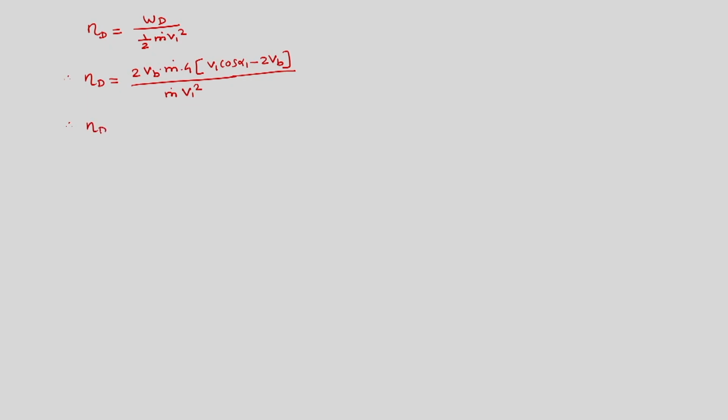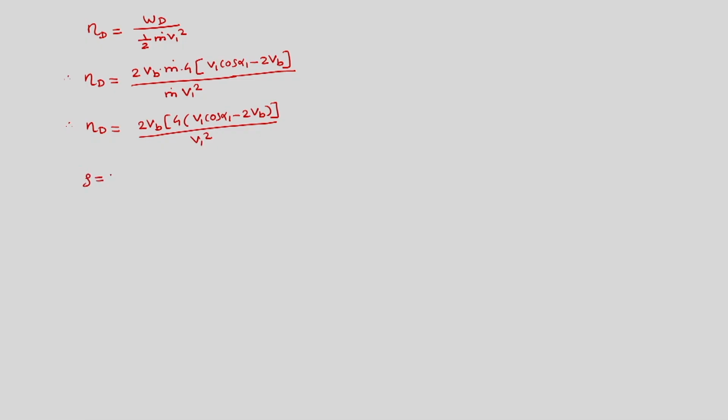So we have diagram efficiency as twice VB into 4 into V1 cos alpha 1 minus twice VB divided by V1 square.